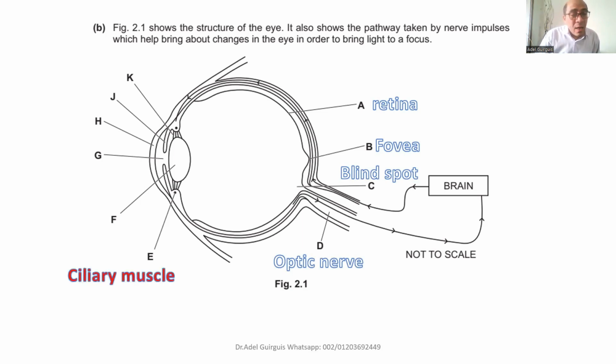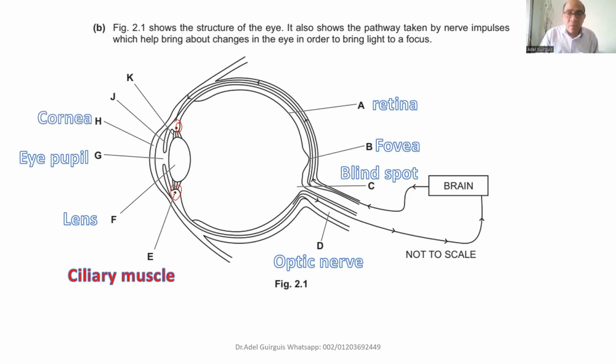Here, associated with the lens from above and below, like this dot, is called the ciliary muscle. Then the lens. In front of the lens, the pupil, an opening that allows light to pass through.